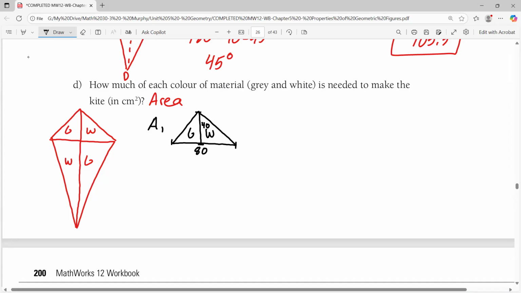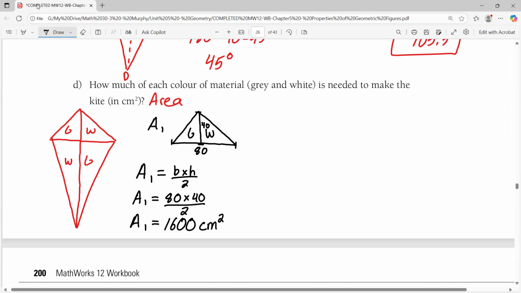That is enough to get the area for the whole thing. So area 1, base times height divided by 2. Sorry, base is 80. It doesn't really matter though, but I'll just do it to match the equation. Base is 80 times 40 divided by 2. I got 1600 centimeters squared.